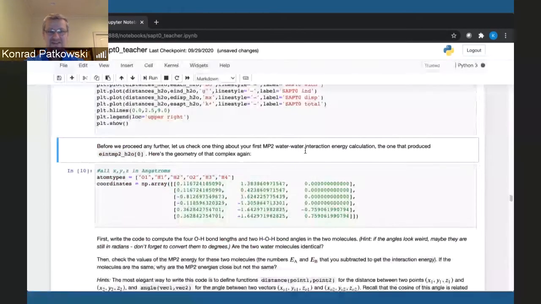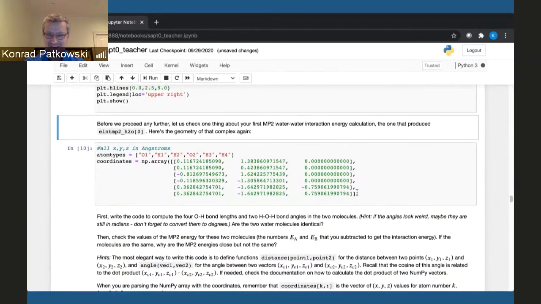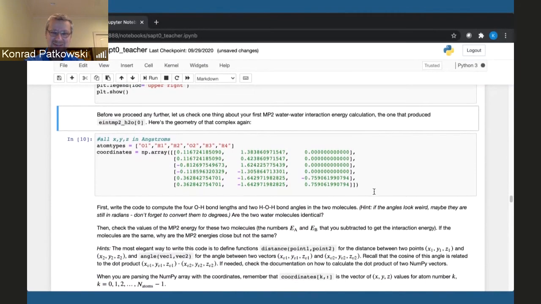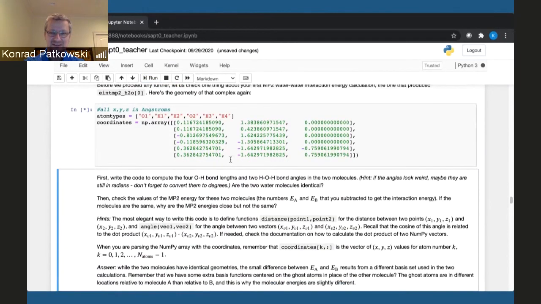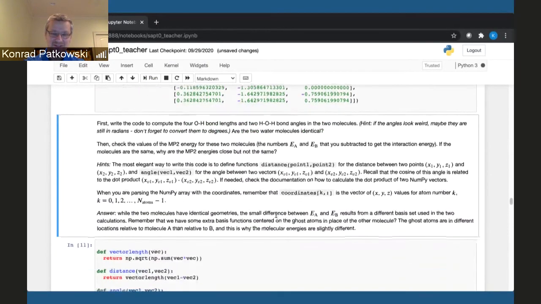Quick. So, maybe that's not the best structure, but we go on a little tangent that familiarizes students with calculating bond lengths and bond angles, which is helpful to understand a thing that might seem weird for the students at first. So we have these two waters, and we do a supermolecular calculation.